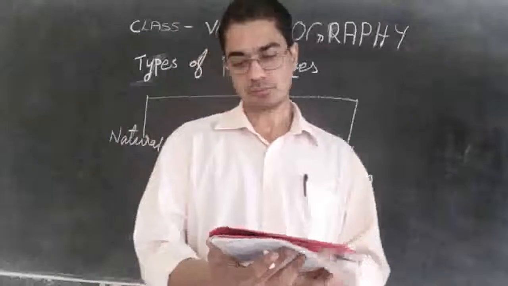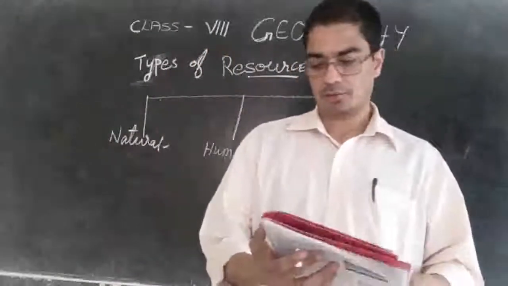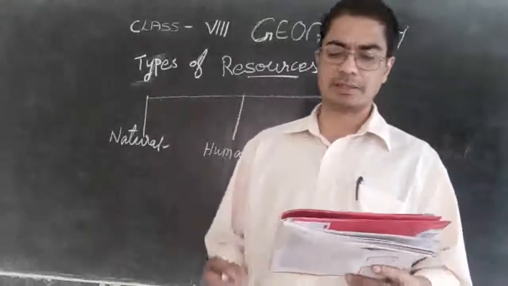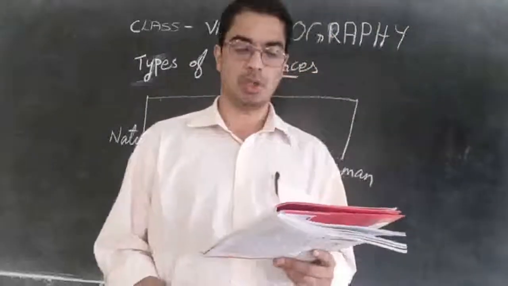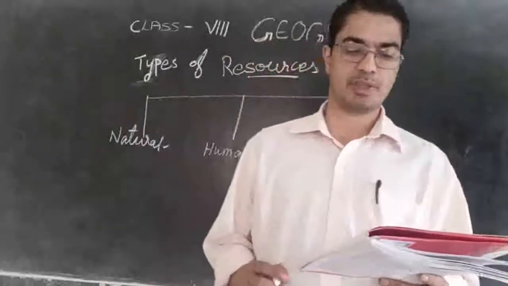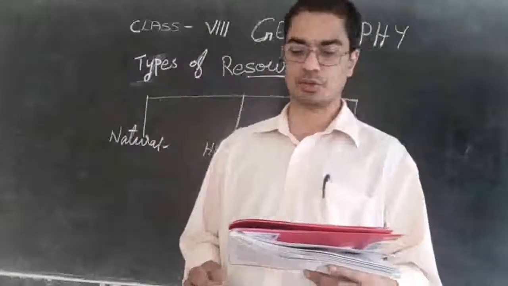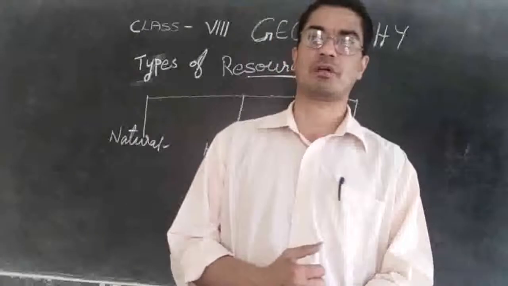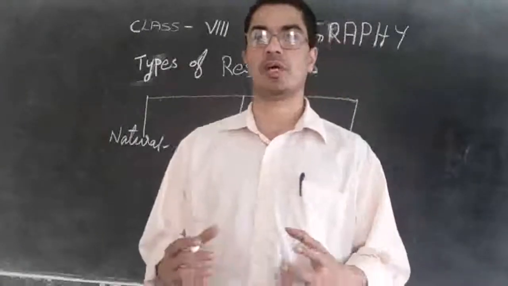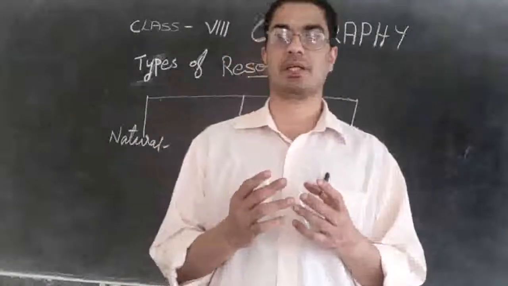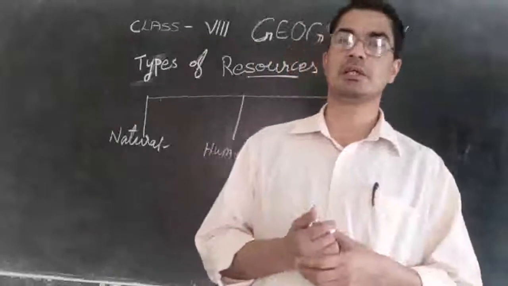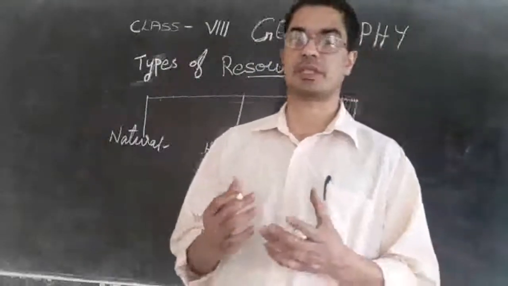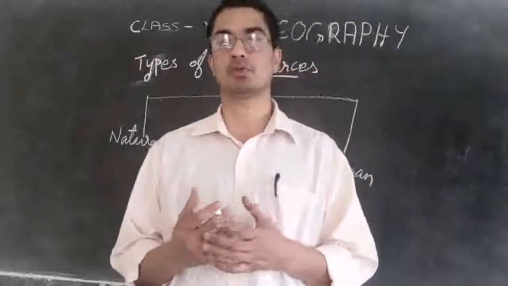Then in some cases, tools and technology may be needed to use a natural resource in the best possible way. For some natural resources, we are not able to use directly. We need the help of something. We need to use the tools, we need to use the technology so that we will be able to make use of it.